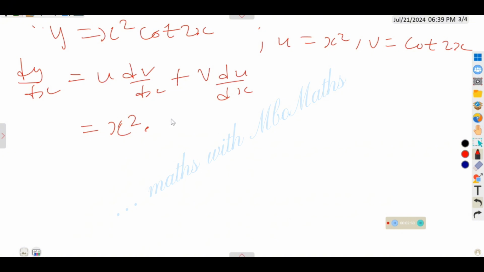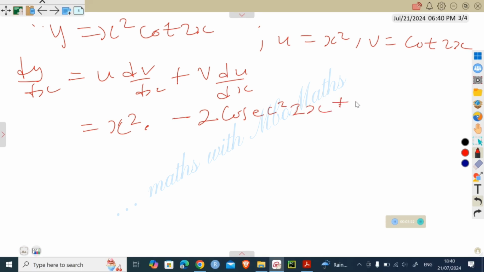If we differentiate cot 2s, we already got it before. So we are going to have minus 2 cosec squared 2s, plus, so what is our v? Cot 2s times, and if we differentiate s squared, we have what? 2s.